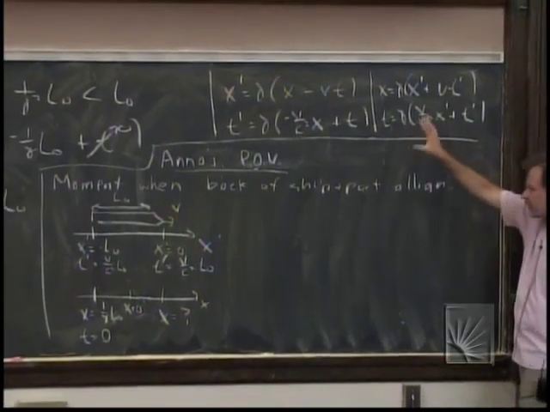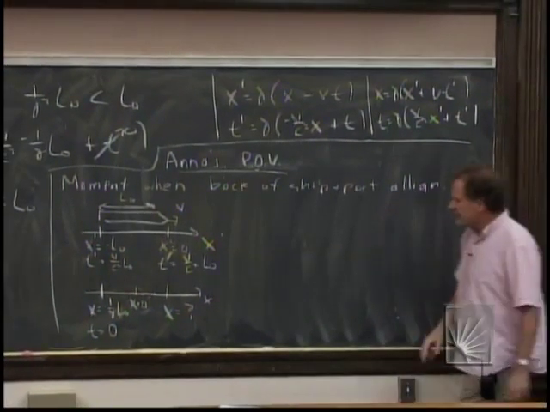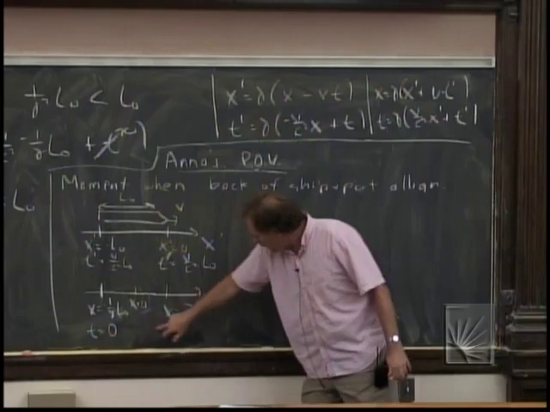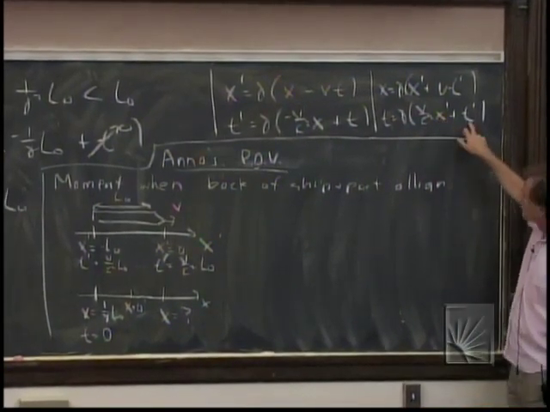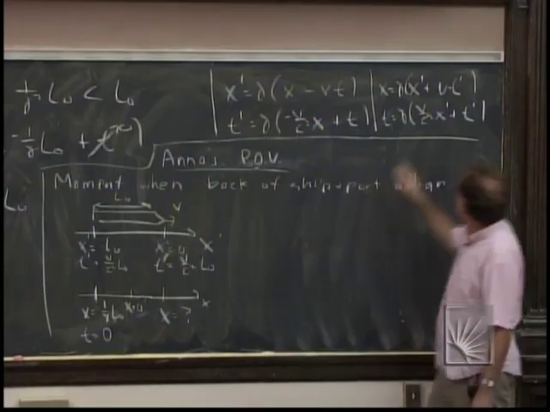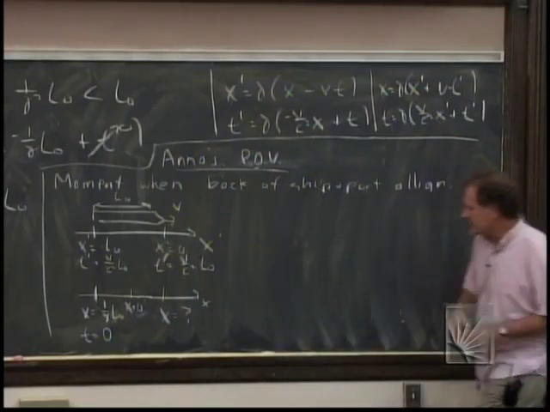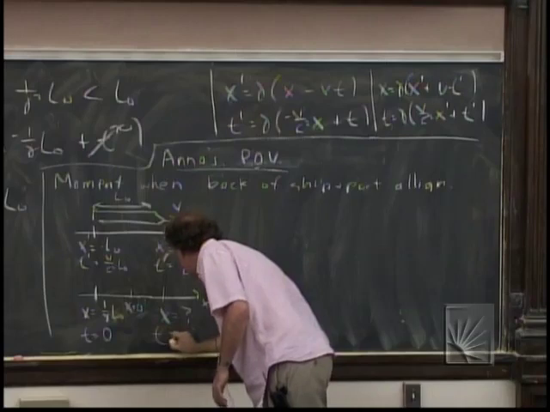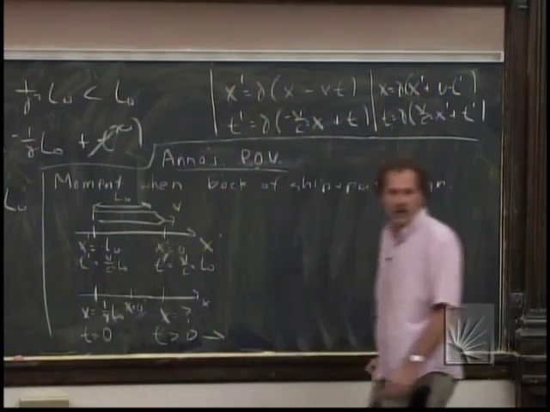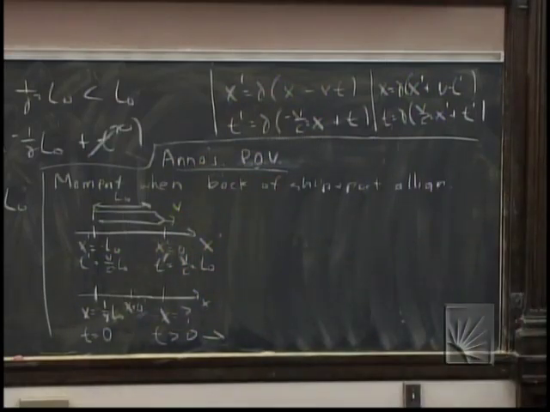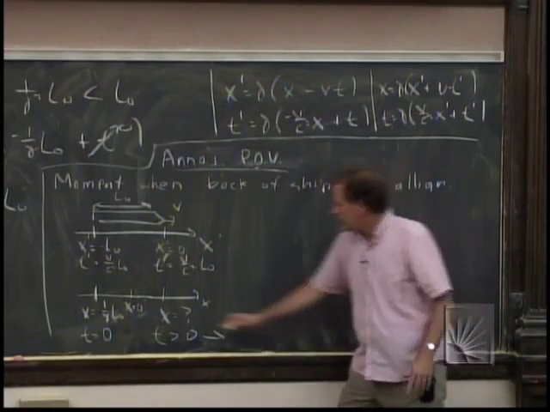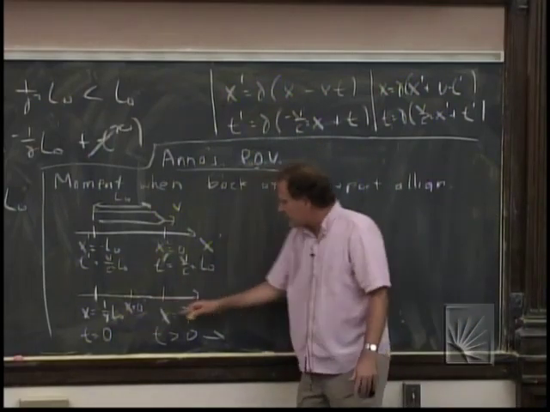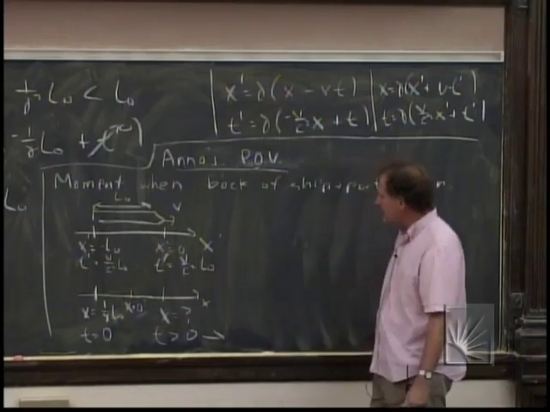It's because I used these equations to find this out. Okay, so t is 0, and then if I walk over to the right, I'm walking towards larger x prime. T prime was all 0, but nonetheless x prime is increasing. So these are later times, t greater than 0, just increasing as I walk along here. So from Anna's point of view, she doesn't look at one time in Bob's frame. She looks at different places in Bob's frame at later and later times moving over to the right.